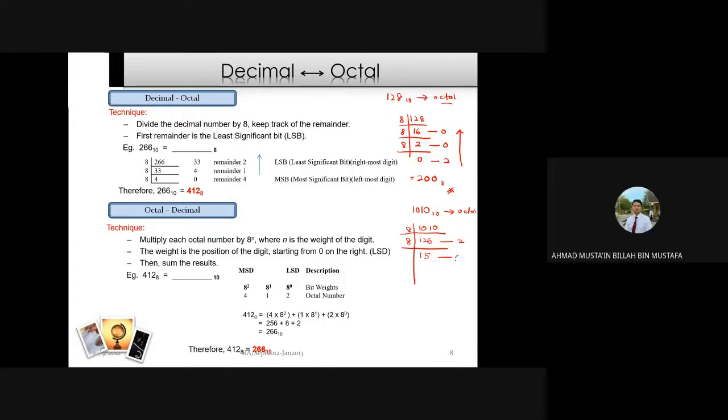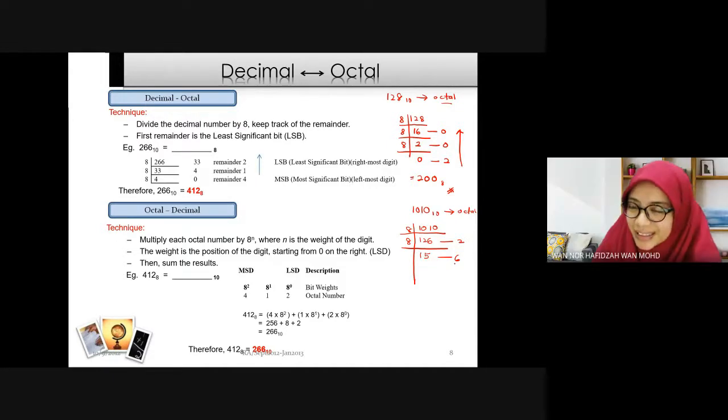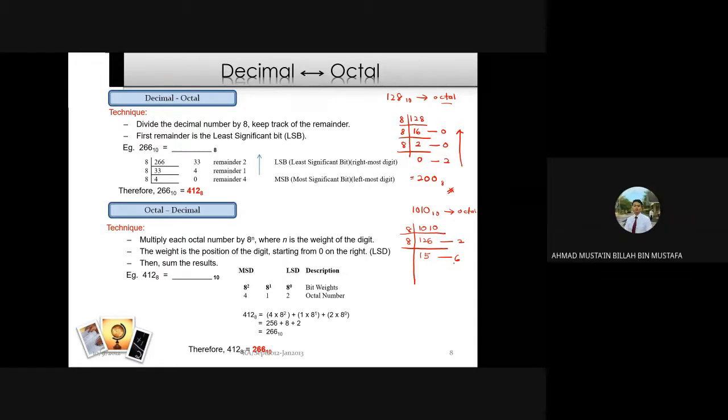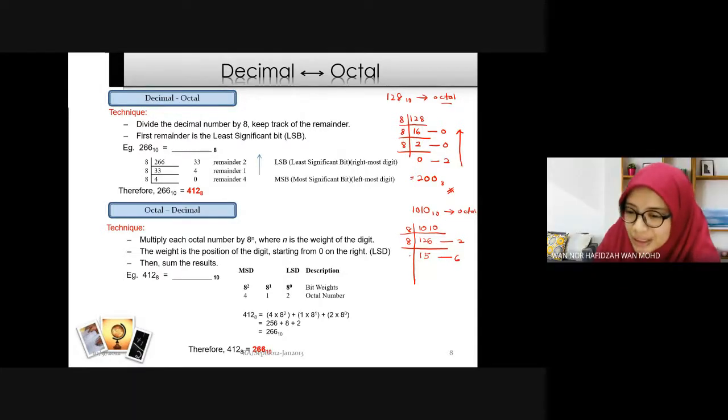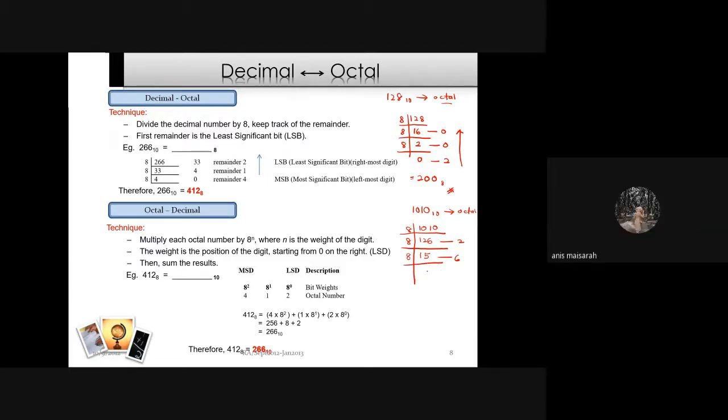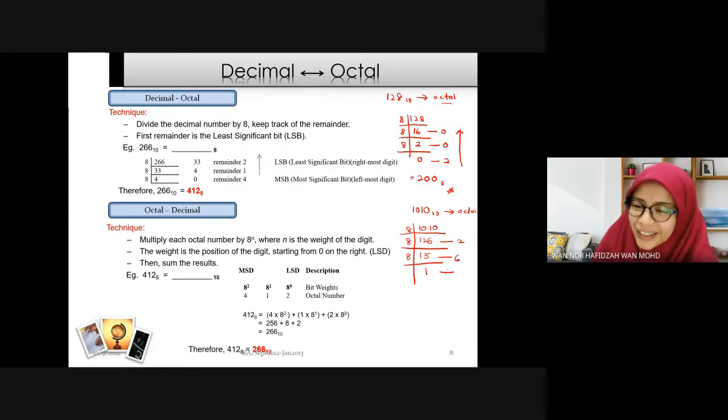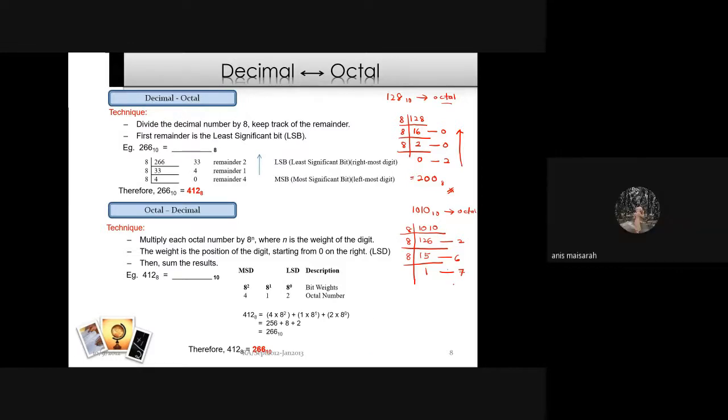Still remainder 6. Okay, 15 divided by 8. 1. You can see it already, right? So we know that it is 1 point something, but 15 minus 8 should be 7.